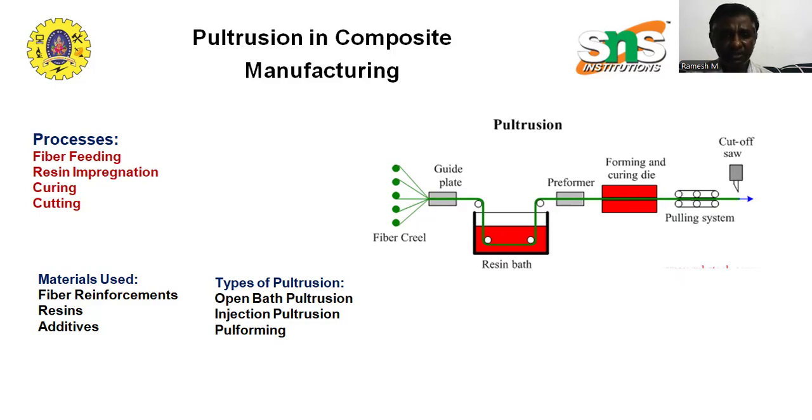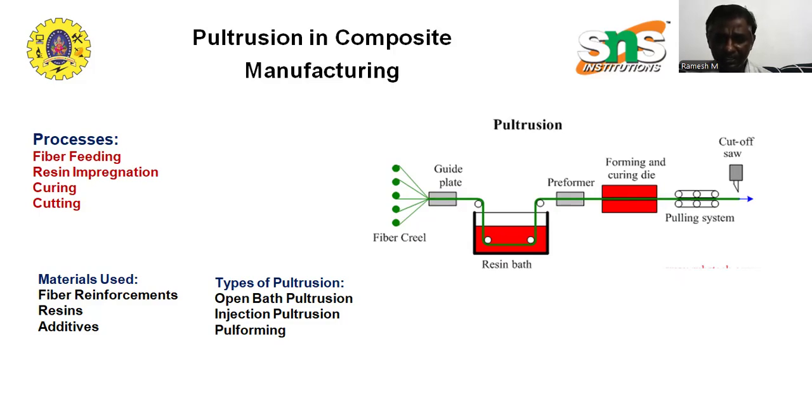Then we should know the basic principle behind that. Pultrusion involves pulling continuous fiber reinforcements like glass or carbon fibers through a liquid resin bath to impregnate them.